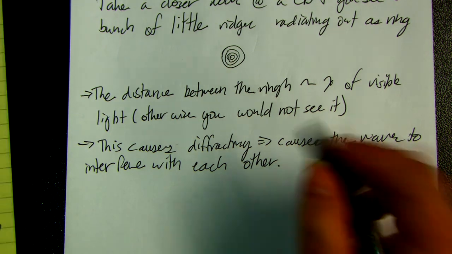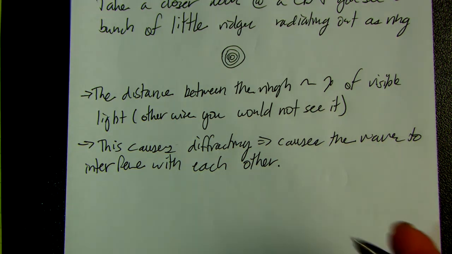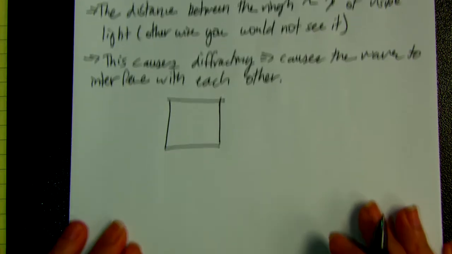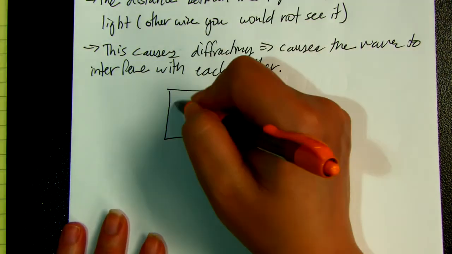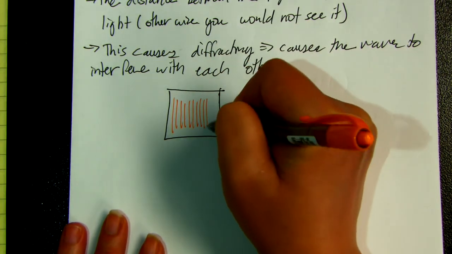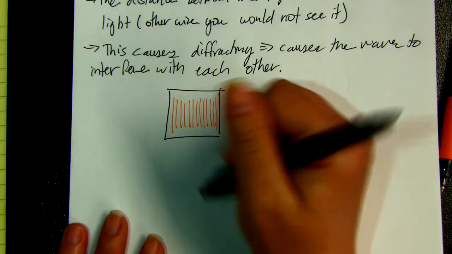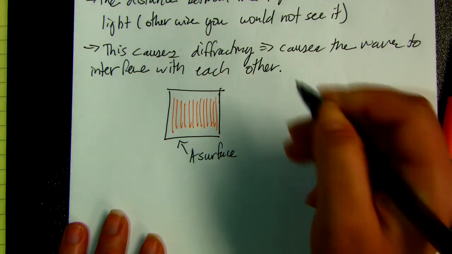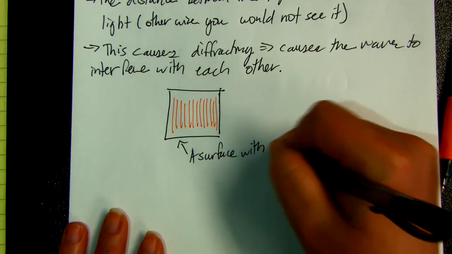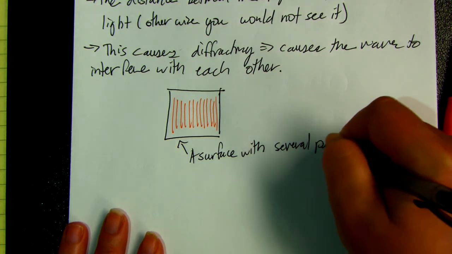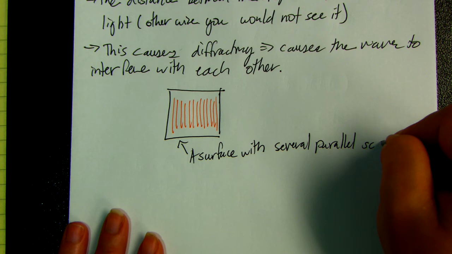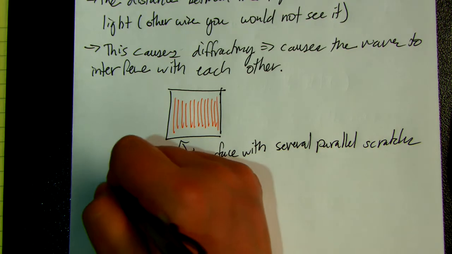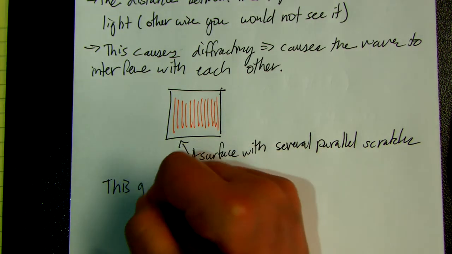And this is basically how a diffraction grating works, although typically when we use a diffraction grating within a lab setting, you're dealing with something that is rectangular, and you'll have a surface with all of these parallel scratches. They really are quite pretty to look at. And there's all kinds of applications in laser labs. Okay, and what you'll see in them is you get both reflection and rainbows.